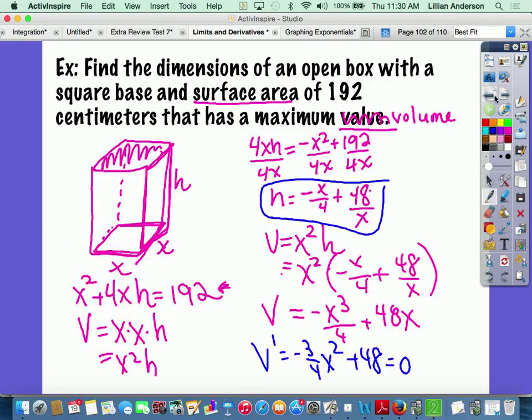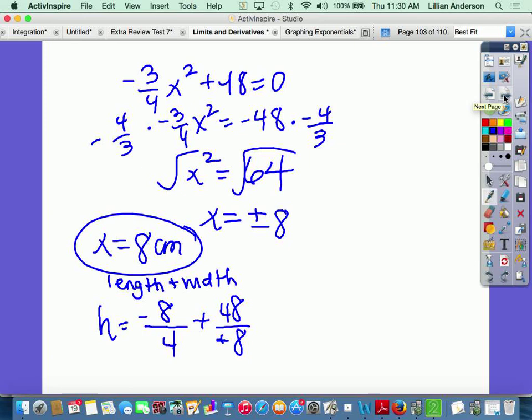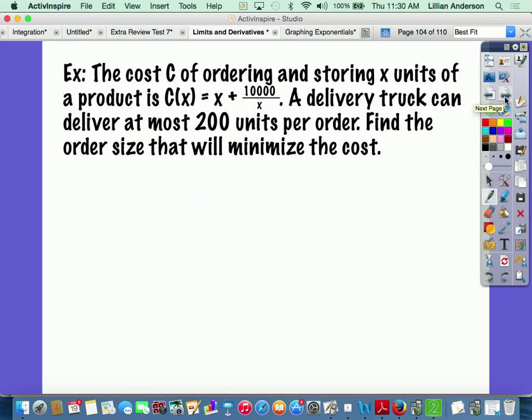All right, sorry I have to keep flipping back and forth, but I don't remember what the equation was. So now this will be a negative 2 plus 6, so my height is 4 centimeters. Okay? Try this one. Pause the video. Try this one.